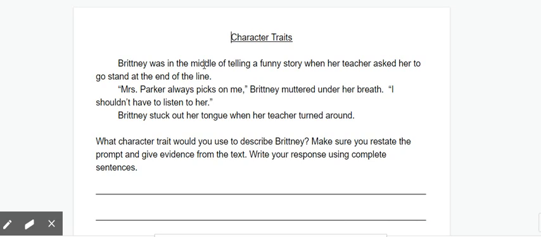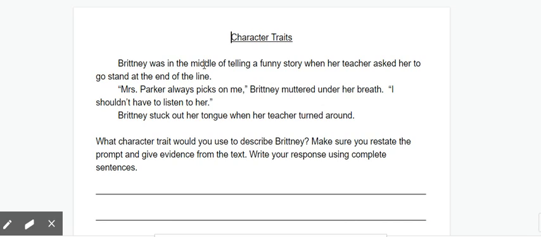Also, if you need examples, go ahead and look in your ELA notebook at that huge list of character traits that I gave you, and that might help you. So look at the actions and look at the dialogue.